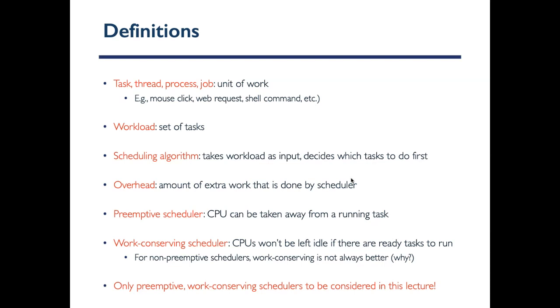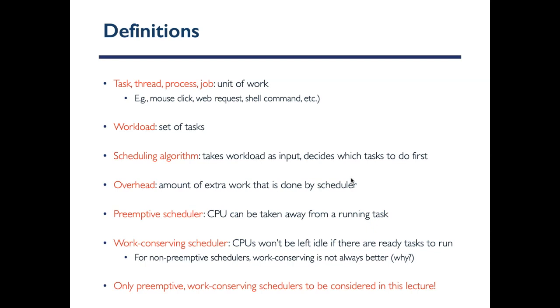So had I had the knowledge that this high priority task is going to come, I would have waited, basically wasting CPU time, for the high priority task to come and then given the CPU to it.